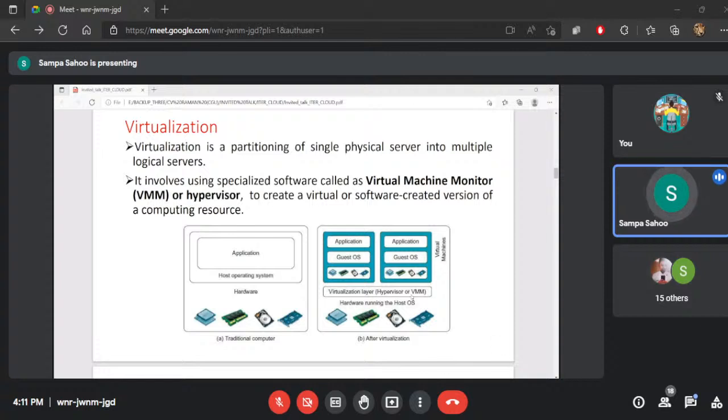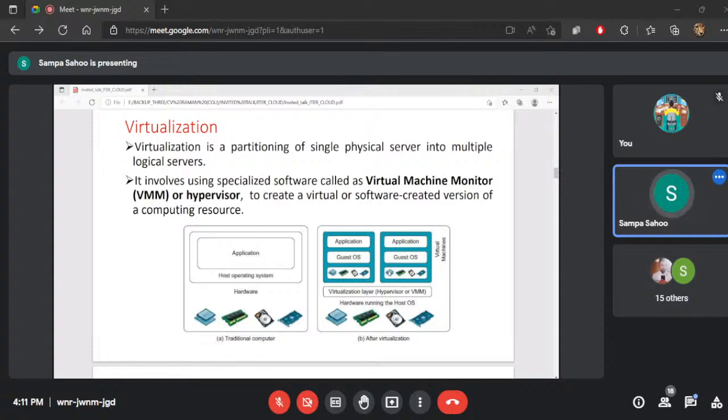You can use any VMM software like VMware and create a virtual machine. On the virtual machine, you install the Linux operating system. Then on that Linux operating system, you can run any application. So on a single machine, you can now run both operating systems at the same time.